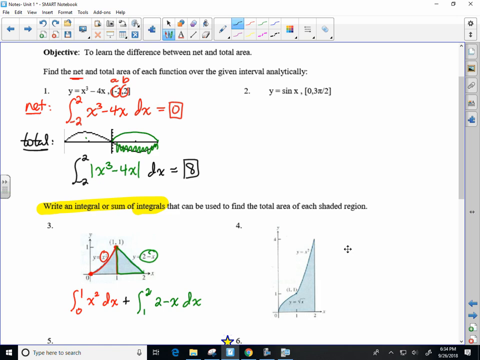But the good news is, if you understand that net is the integral itself, just like we talked about last class, and the absolute is the total, there isn't really much to do.